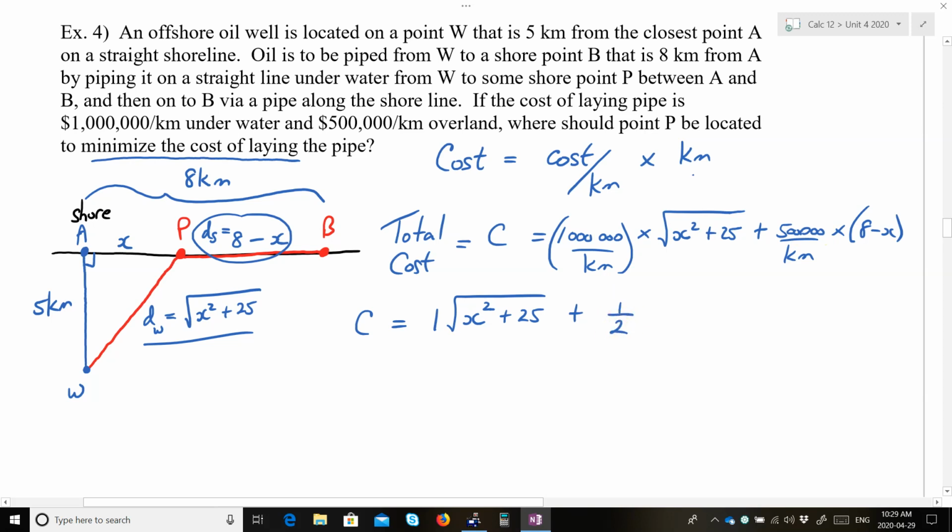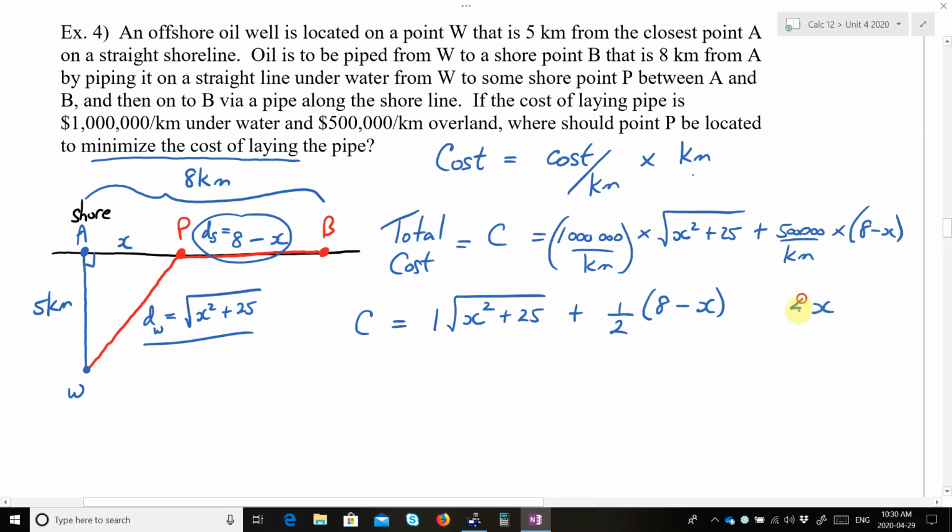So I'm treating my cost units as millions, 0.5 times 8 minus X. So I have to understand that my answers are going to be in millions of dollars. Okay, so there's our cost function.